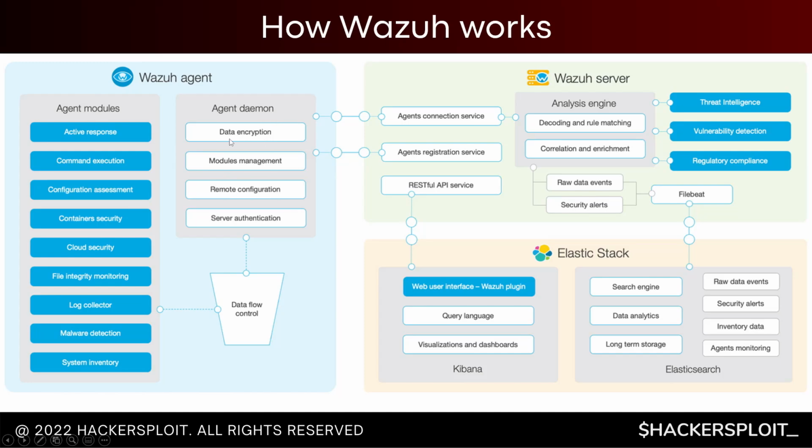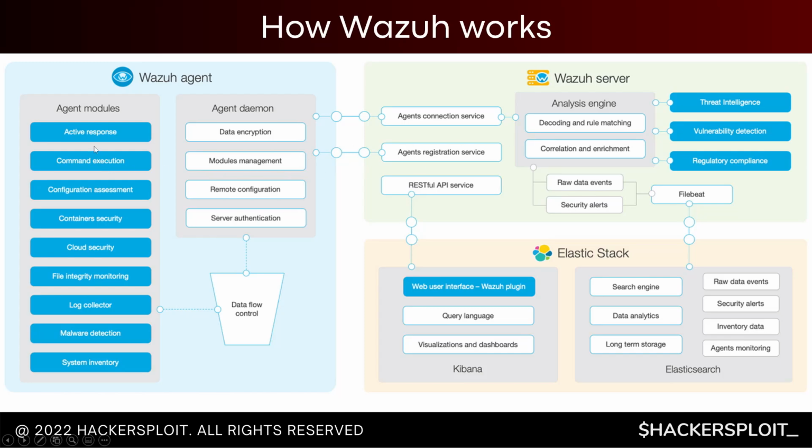The daemon is responsible for encryption, module management, remote configuration, and server authentication. And then the modules available are active response, command execution, configuration assessment, cloud security, container security, log collection, malware detection, and system inventory.